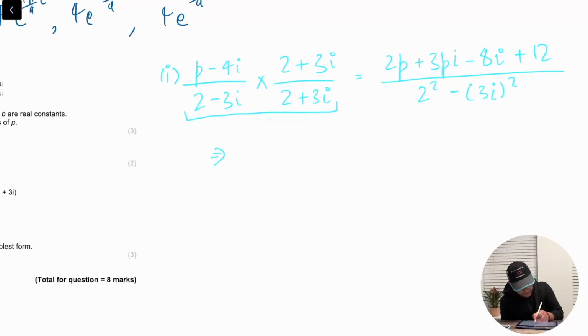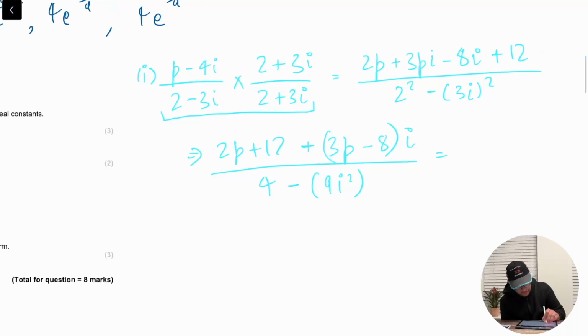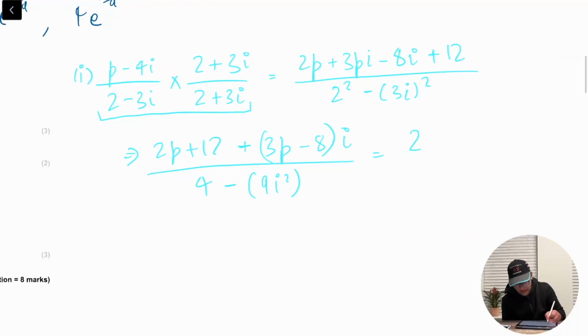Now this will give us 2p plus 12, plus 3p minus 8i in the numerator, and the denominator will be nothing but 4 minus 9i squared, which is 4 plus 9.